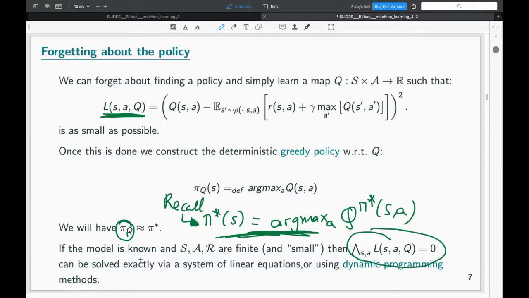So if you know the model, meaning that we know rho and the map of rewards, and this is small enough, then we can solve this exactly and find the optimal policy. Okay, so this is how you would solve the reinforcement learning problem in this setting with these assumptions.